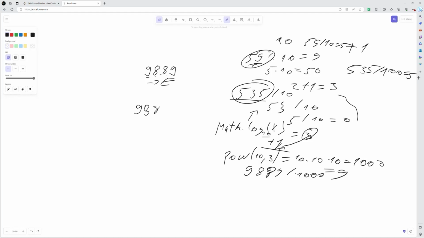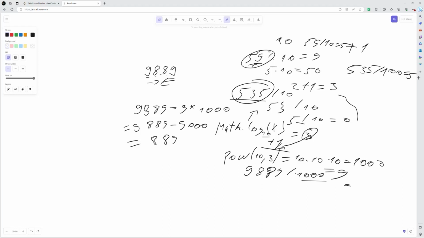subtract the result of the division by our initial base, which is 10, which is actually 9 in this case. So it will be minus 9 times our base, and this will basically be 889.